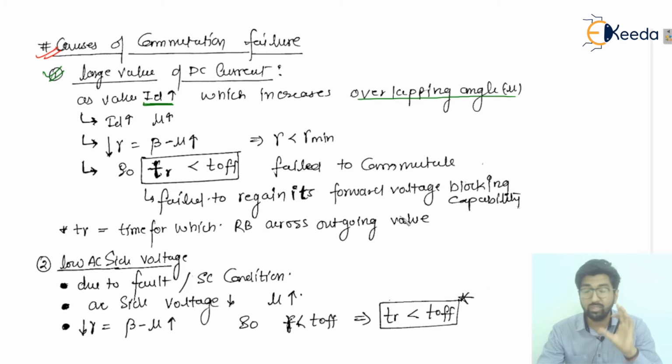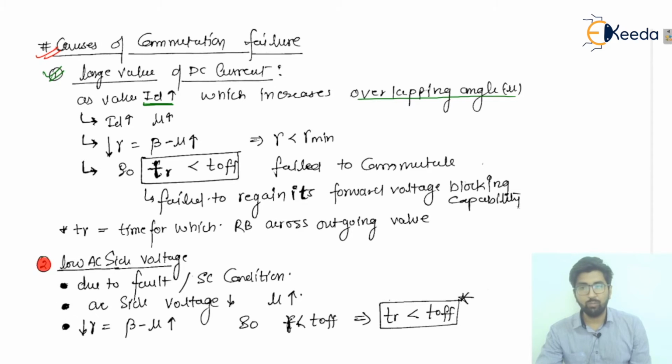That should be greater than T off, the circuit turn-off time. As we discussed earlier, the outgoing valve number 1 has that T gamma in the reverse bias condition. Ultimately, the relation comes into the picture: if T gamma is less than T off, then a failed-to-commutate condition will arise.